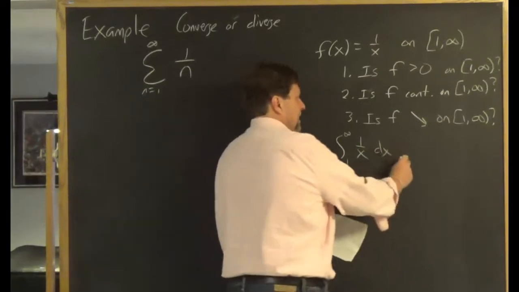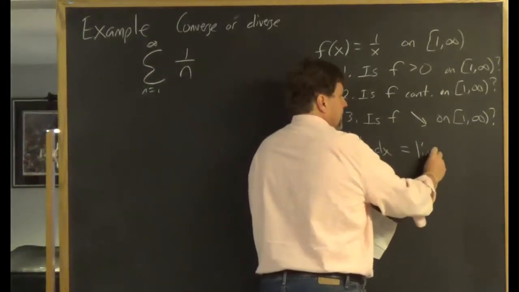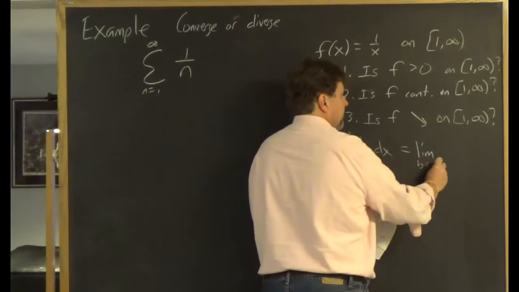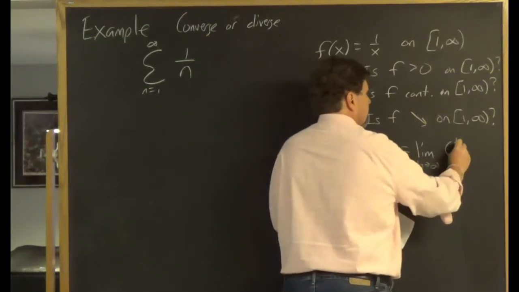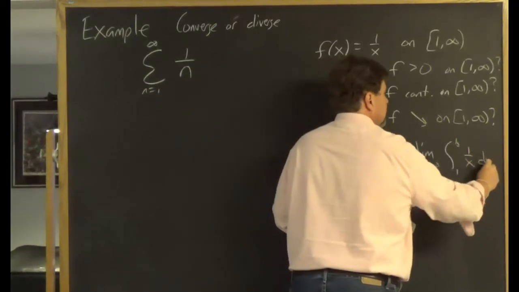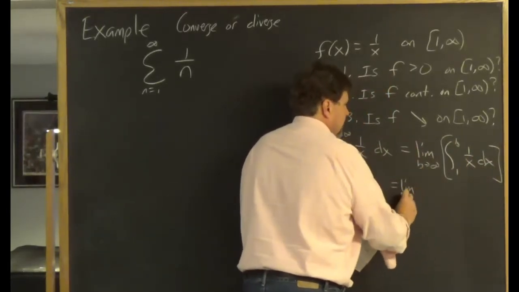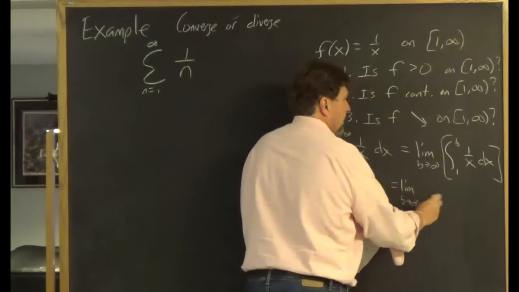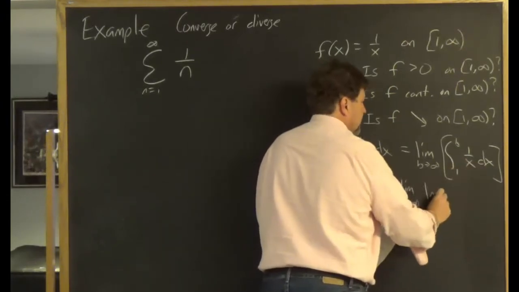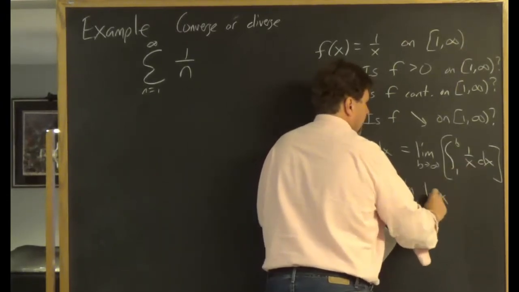So let's attack this improper integral. Remember, you rewrite it: the limit as b goes to infinity of the integral from 1 to b of 1 over x dx. And you get yourself an antiderivative. The antiderivative of 1 over x is the natural log of x.